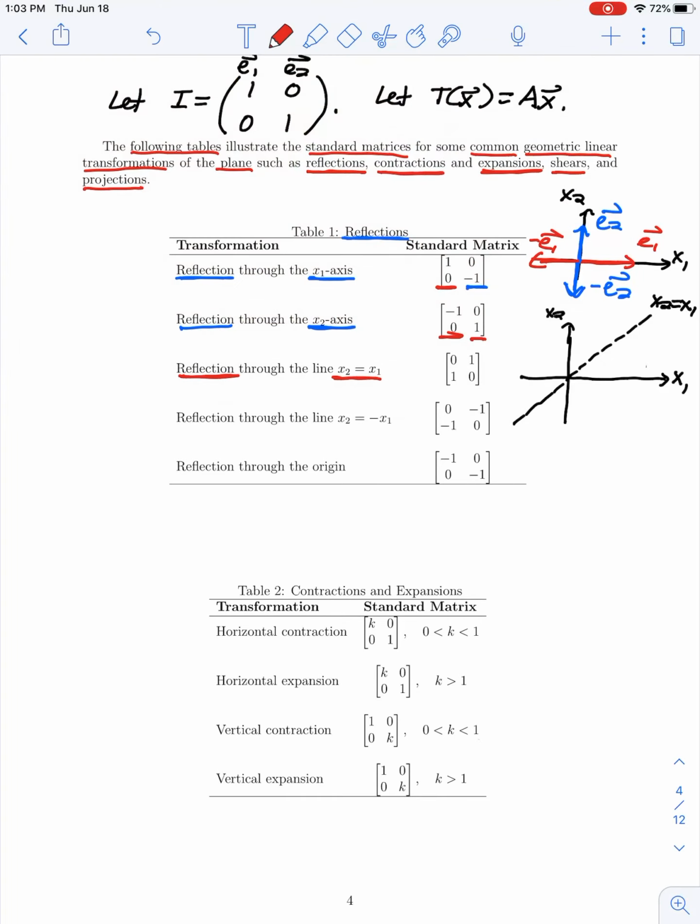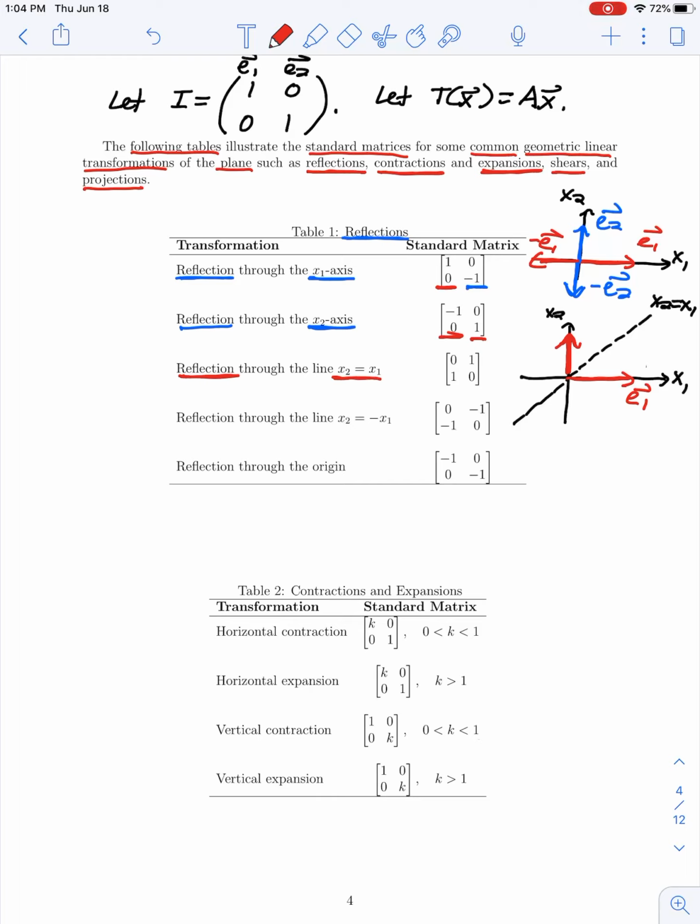If we consider E1, the vector shown here, and we reflect that vector about this line, we would get exactly the vector E2. So E1 would map to E2.